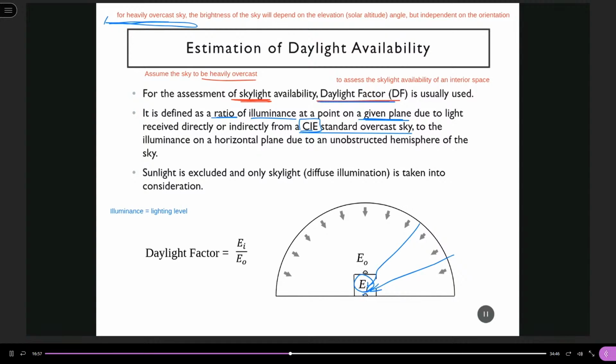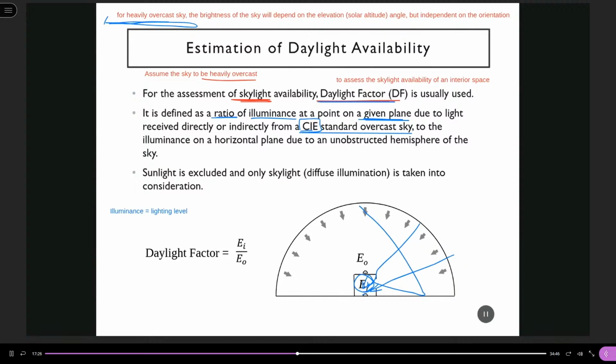At the same time, it can also enter the room indirectly through reflection, right? So due to this overcast sky, the light can directly light up the interior or indirectly through reflection. So this EI is the interior illuminance on a given plane due to this overcast sky.